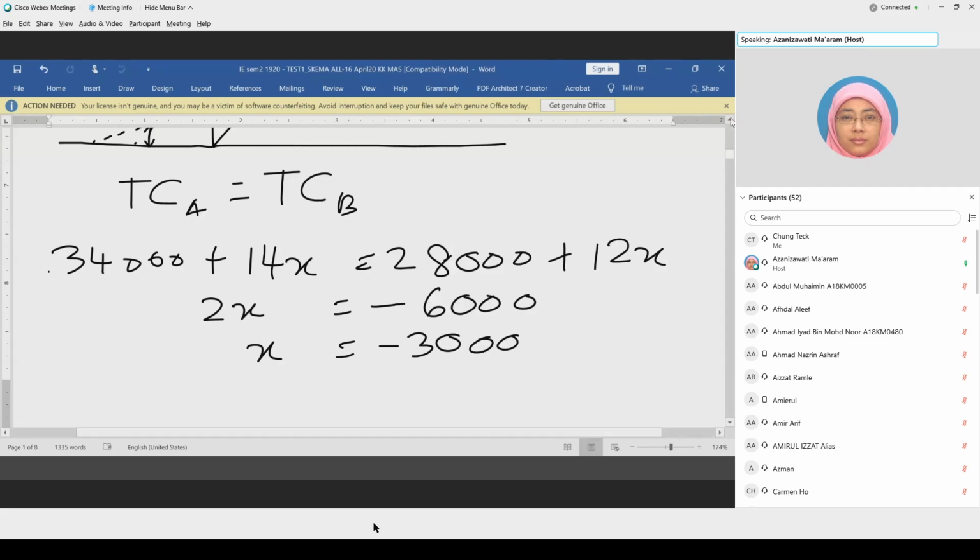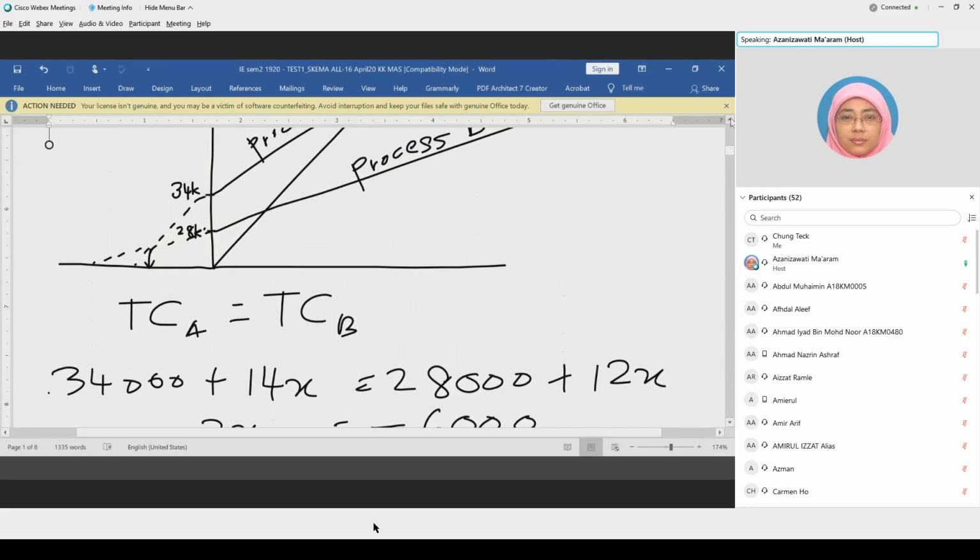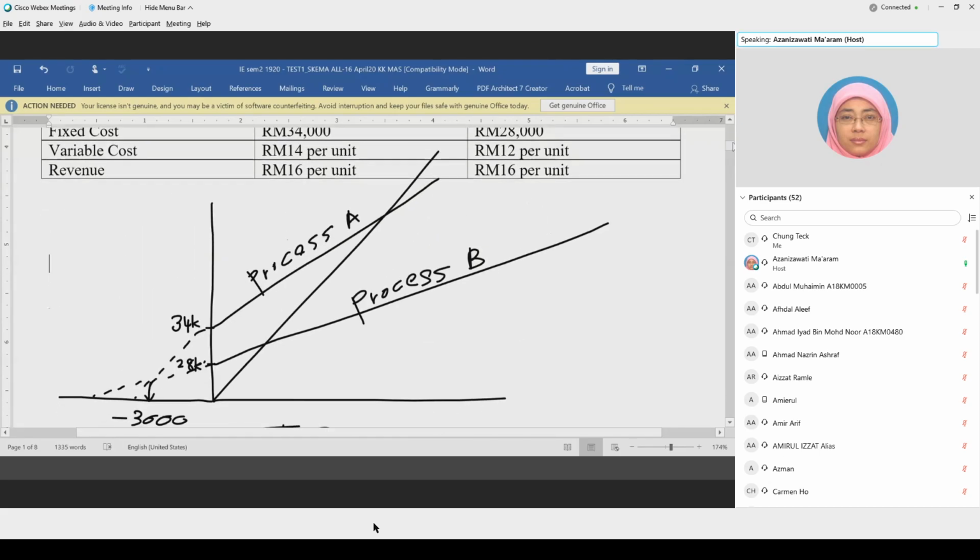When you go back to your diagram, they cross at negative points. That's why when you draw, make sure the slope is based on the variable cost. The higher the variable cost, the steeper the slope. The lower the variable cost, the lower the slope. Otherwise, you won't get this crossing at the back.